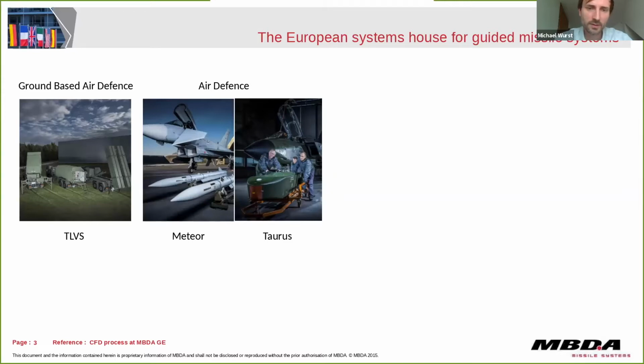Here you can see the inlet of the ramjet, and that enables the missile to travel up to 200 kilometers with a speed of up to Mach 4. So this is not a missile for dogfights a la Top Gun. It's a missile with which you can engage an enemy fighter beyond visual range.